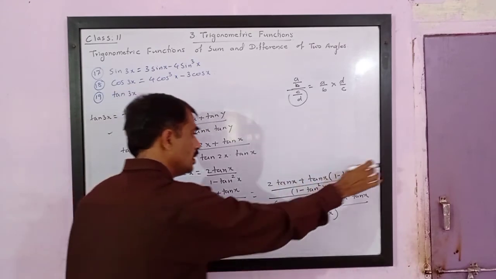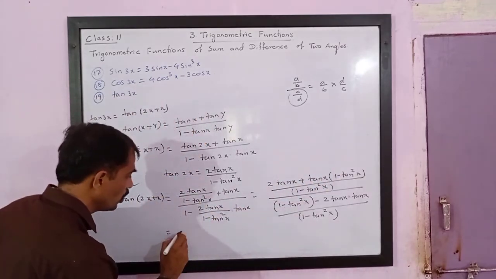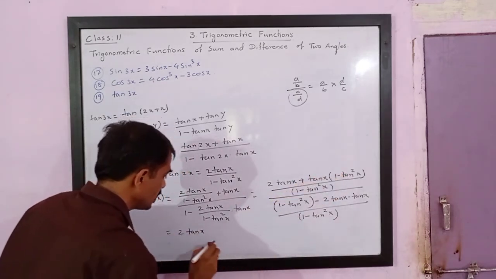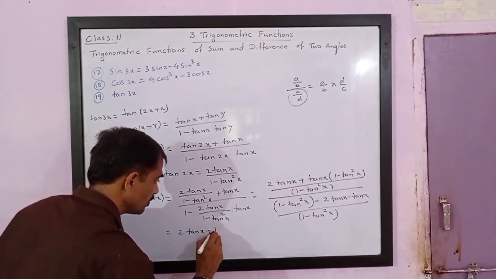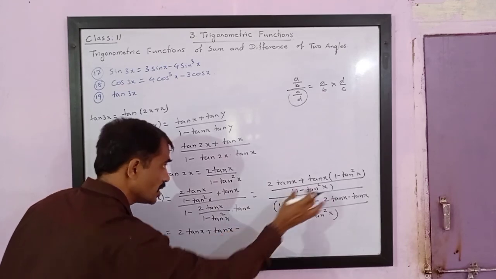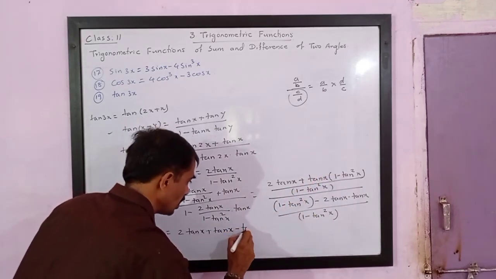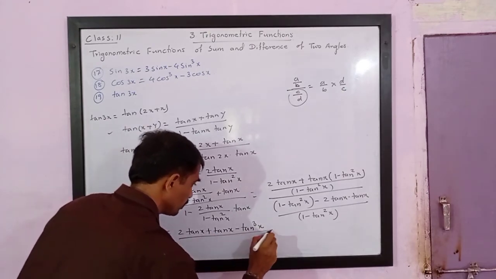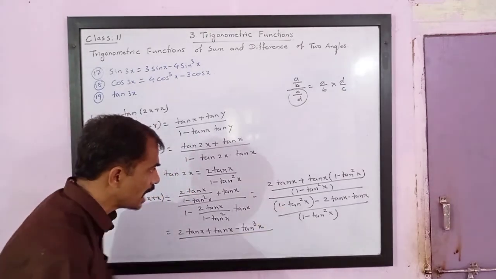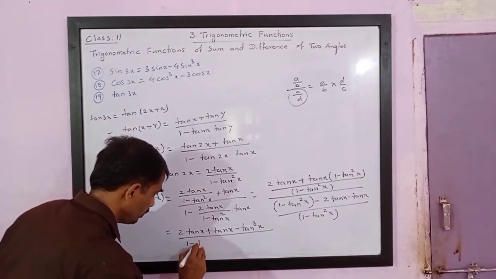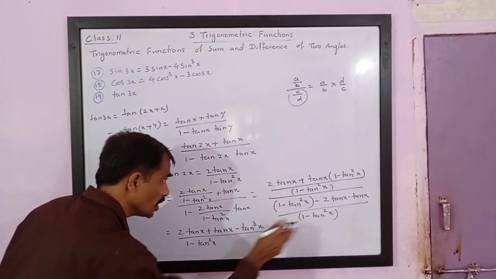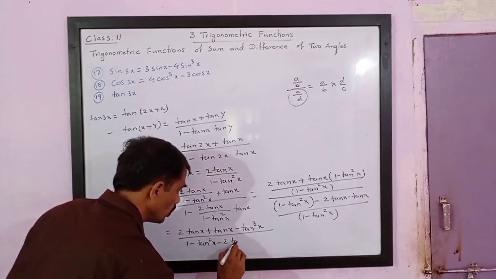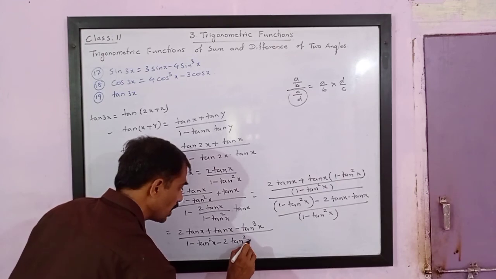You will have only this, that is equal to 2 tan x plus tan x into 1 is tan x, minus tan x into tan square x is tan cube x, upon 1 minus tan square x minus 2 tan x into tan x is minus 2 tan square x.